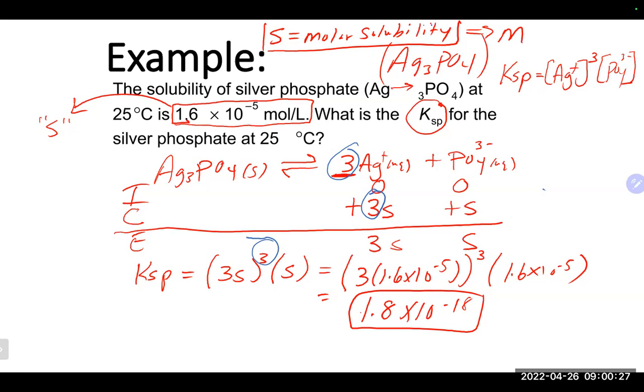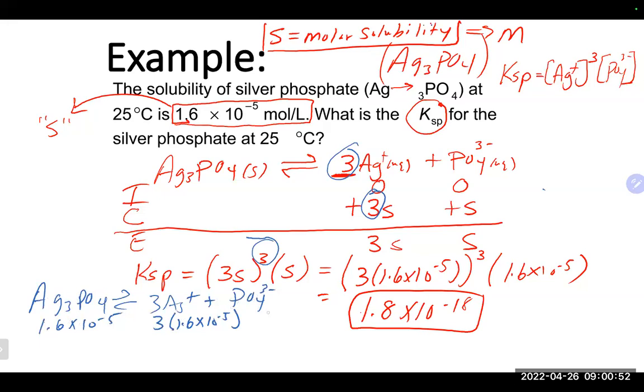If you didn't want to do the ice table and you understand molarities, which is, if this thing was 1.6 times 10 to the minus 5, it is a 1 to 3 relationship for the silver. So you just go 3 times 1.6 times 10 to the minus 5.